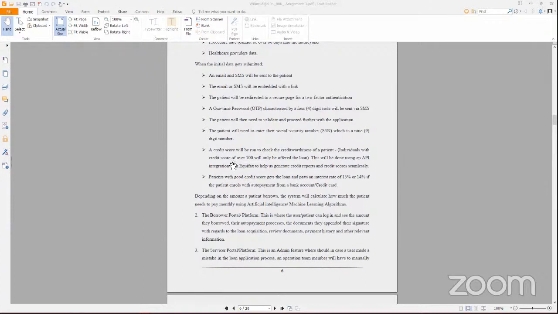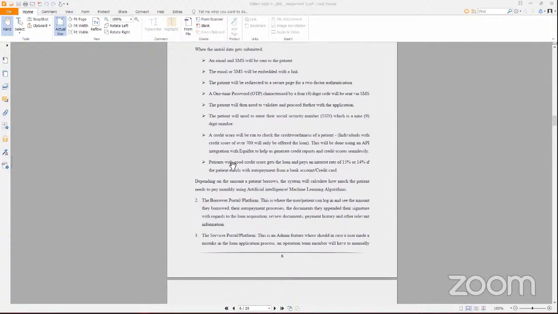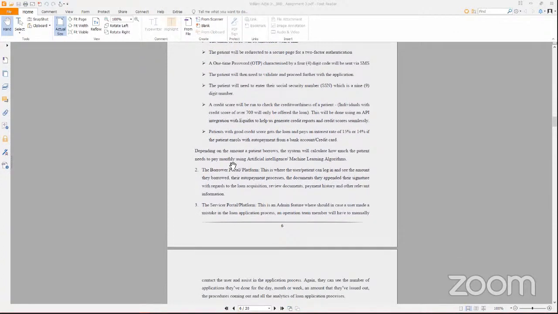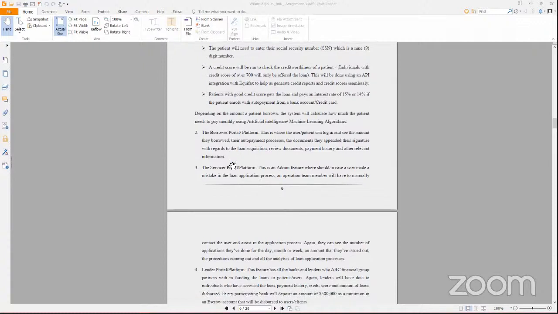The patient will need to enter their social security number, and then the credit score will be run. Patients or users with a score of 700 and above would be accepted for the loan. Depending on the amount a patient borrows, the system will calculate how much the patient needs to pay monthly, using AI.